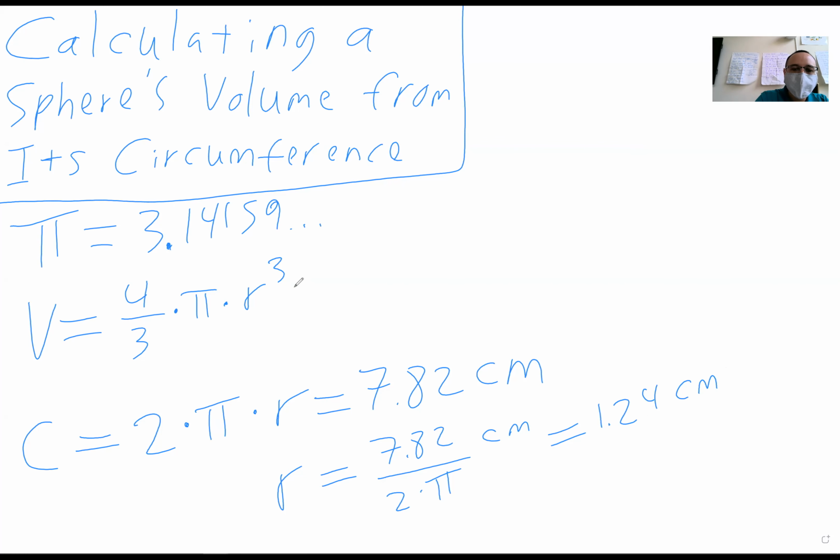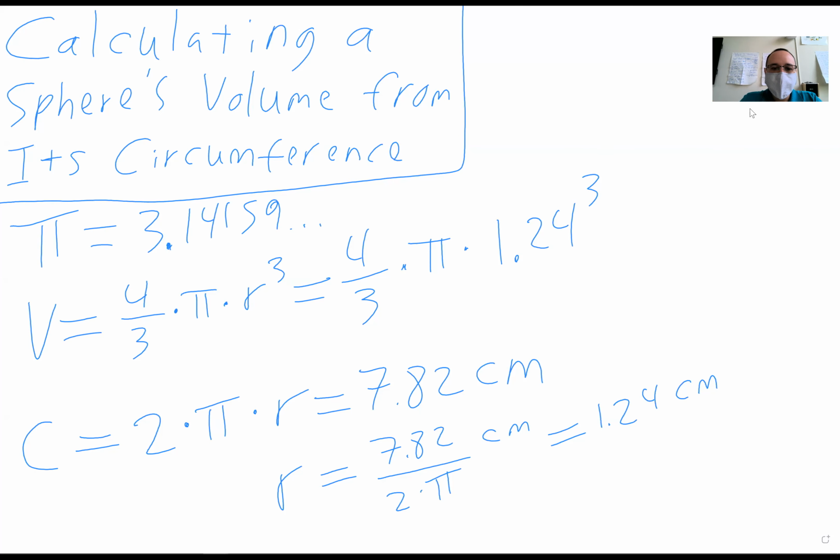So volume equals 4/3 times pi times the radius cubed. Now we've got 1.24 as our radius, so we're going to go ahead and find out what that volume is.